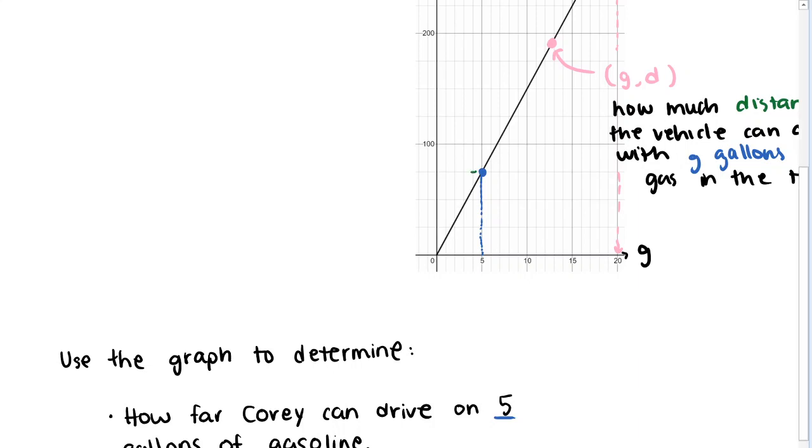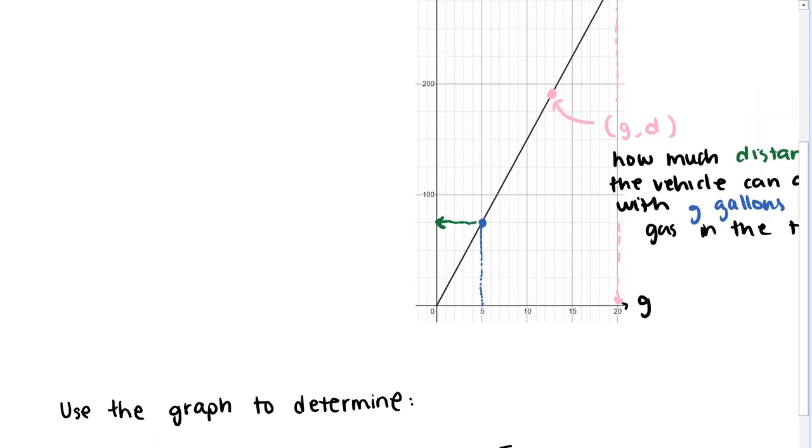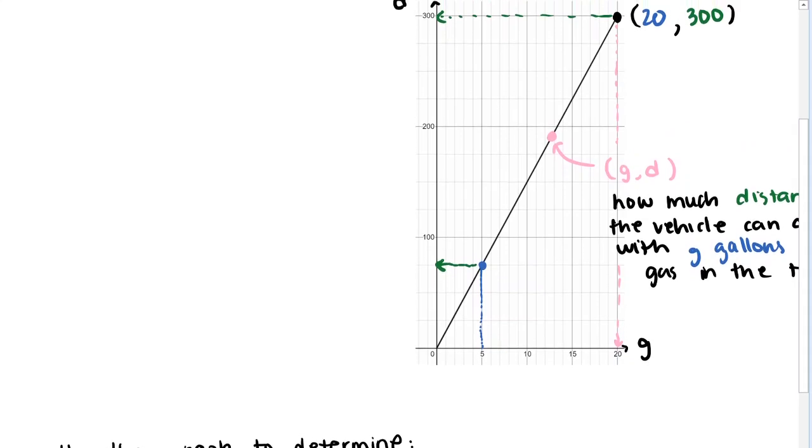What's the corresponding output value, or the distance the car can travel? Well, it's whatever this value is on our d-axis, our vertical axis. And so what is this amount? Well, I know that here this would be 100. And I see that this distance from 0 to 100 is split up into 4 little tick marks. So each one of these tick marks is 25 apart, right?